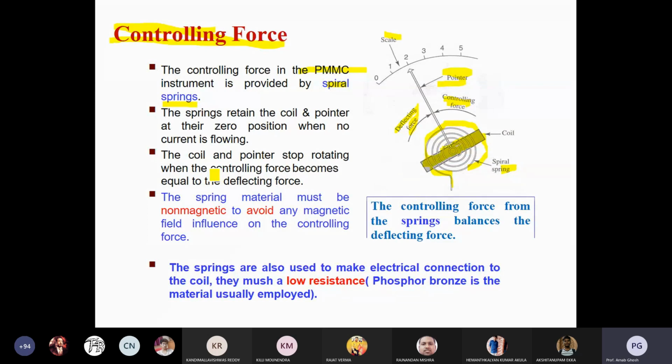That's why you use a permanent magnet, but a natural magnet you are not going to use over there. You may use it for an electromagnet; that may be another option.